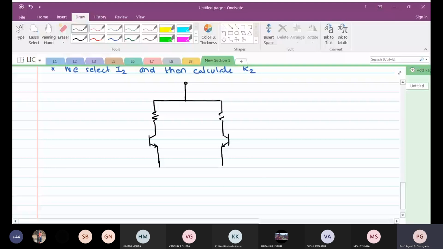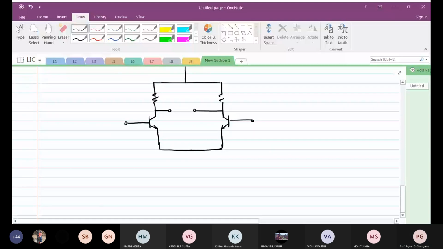So this is your input 1, input 2. These are the outputs. And here we'll be having what? What do we have here? The current mirror that we have seen right now.